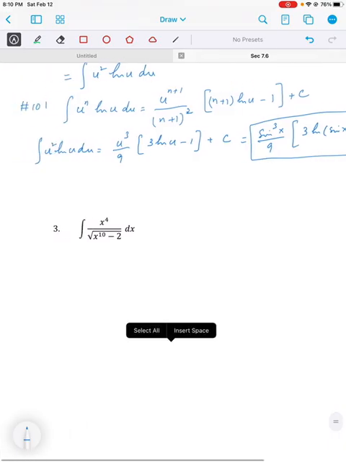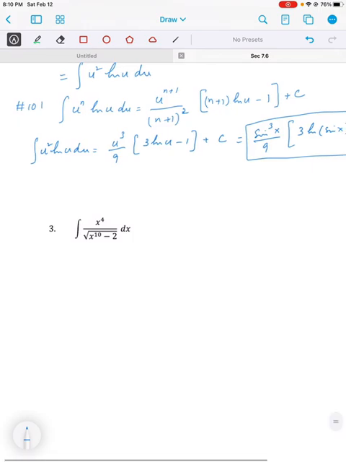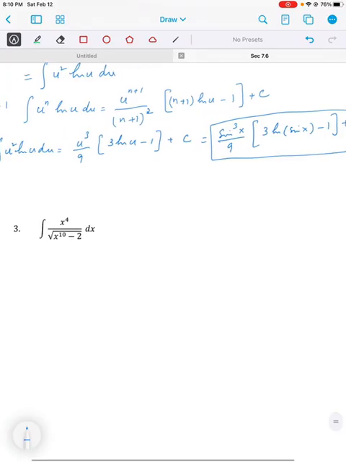Okay, last question here. So we have again x to the 4 whole thing divided by x to the square root of x to the 10 minus 2.